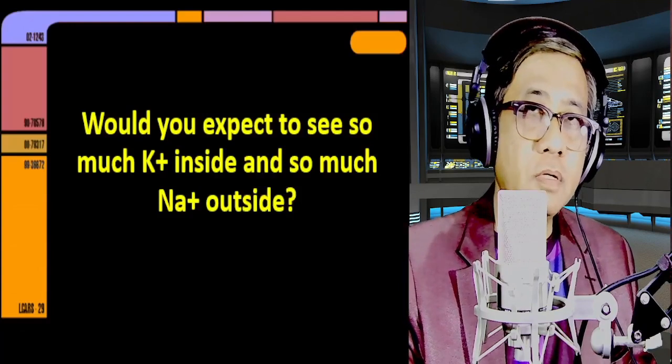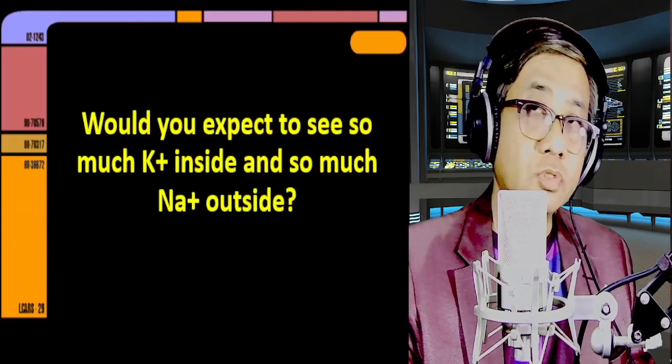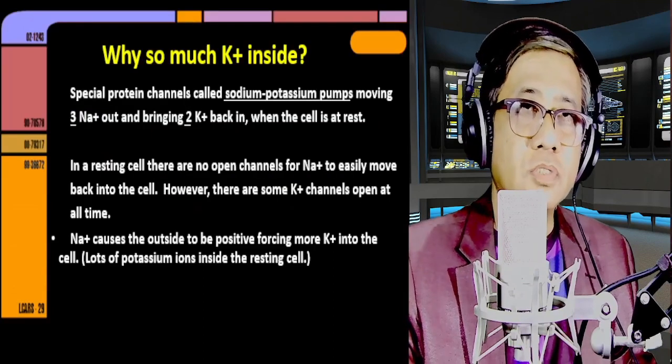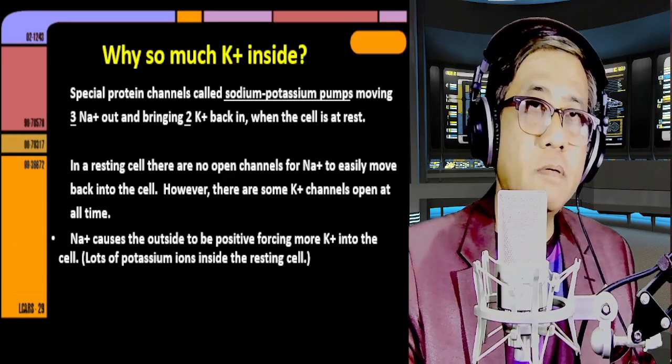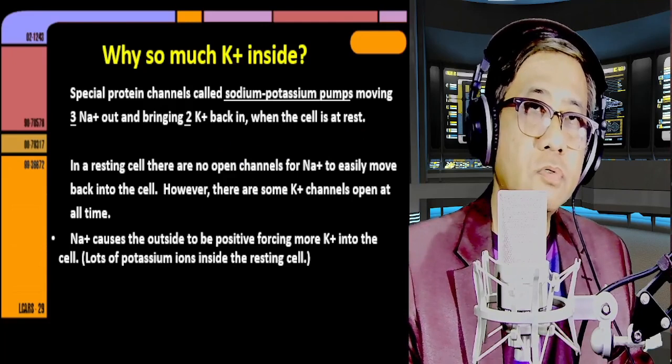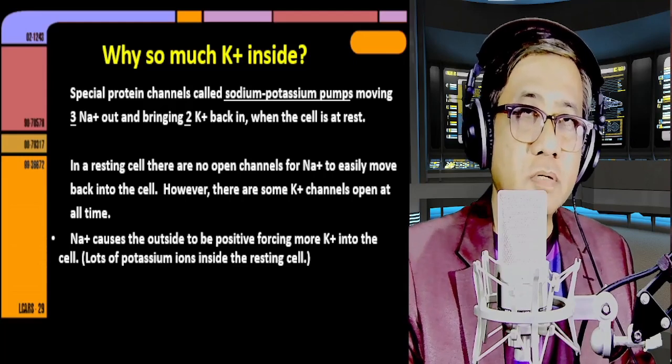So would you expect to see so much potassium inside and so much sodium outside the cell? Special protein channels, called the sodium-potassium pump, move 3 sodium ions out and bring 2 potassium ions back in when the cell is at rest.